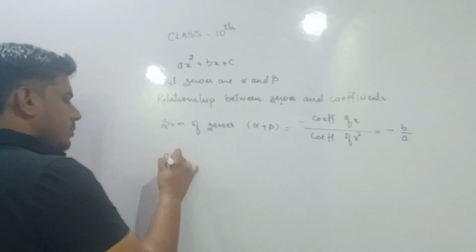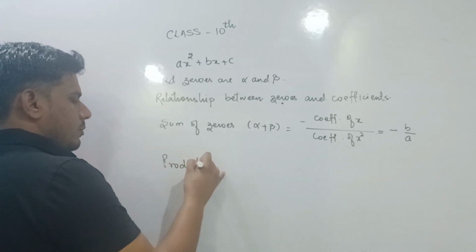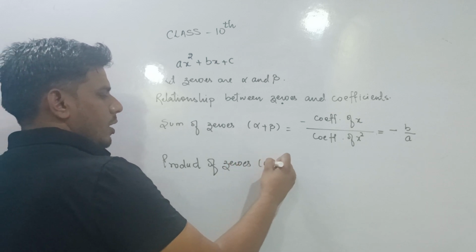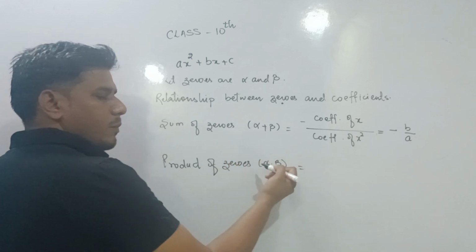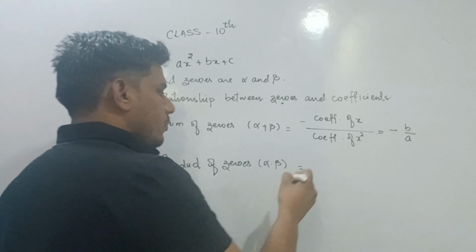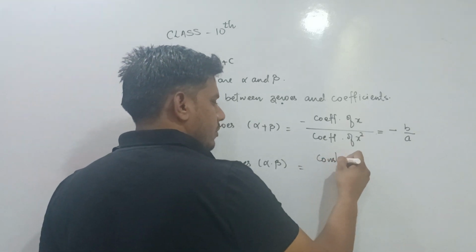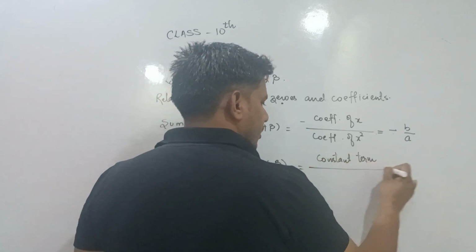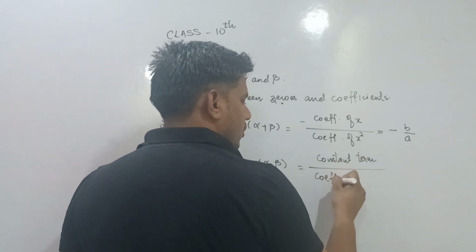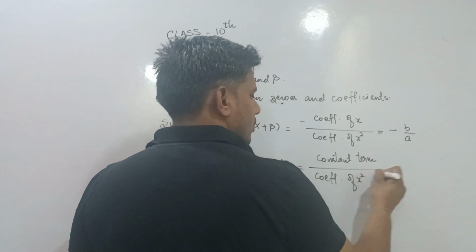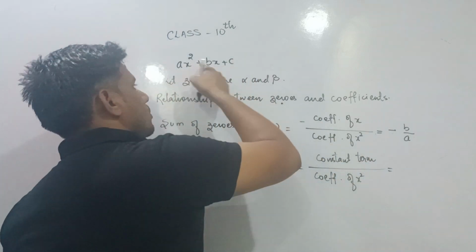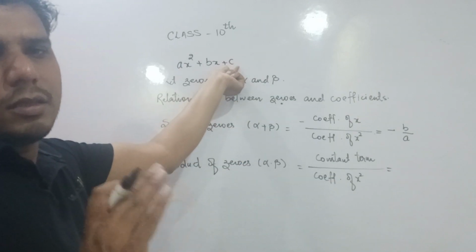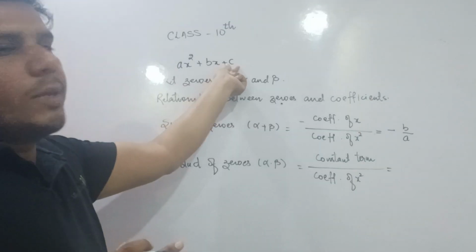And product of zeros, alpha into beta. Product means multiply of zeros, so alpha into beta is equal to constant term divided by coefficient of x square. The constant term in this quadratic polynomial is c, where the power of the variable is 0.